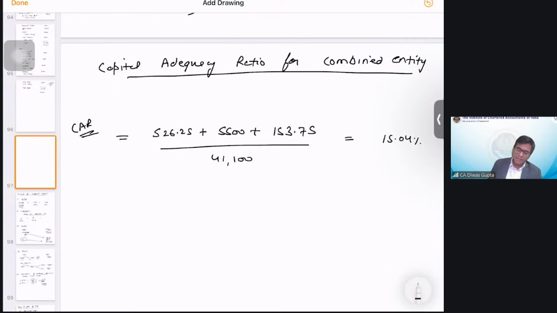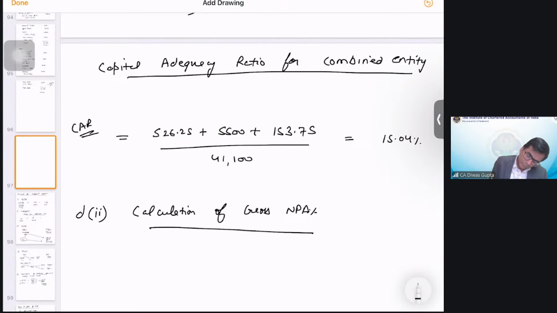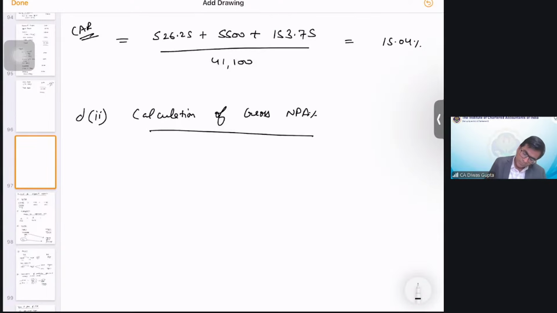Then the second part is the gross NPA percentage after merger.